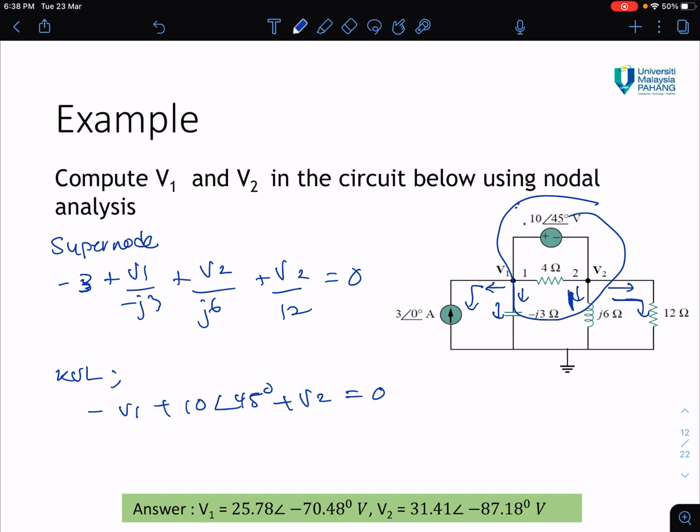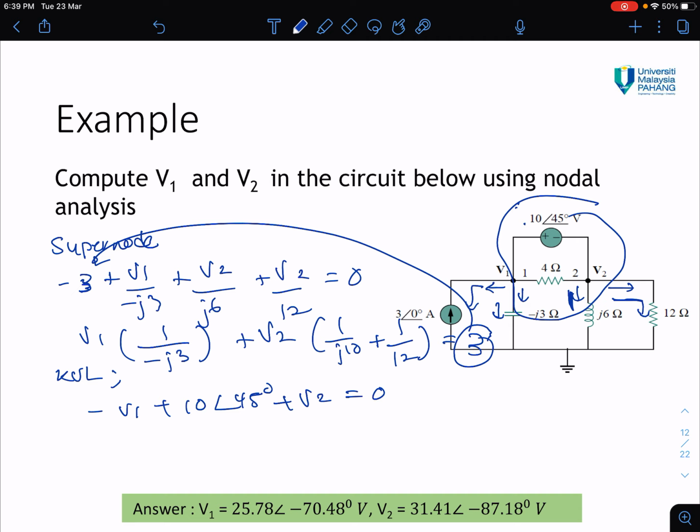I basically group one part for V1 and V2 because we are going to use Cramer's rule. So the supernode equation becomes V1 times 1 divided by minus j3, plus V2 times 1 divided by j6, plus 1 divided by 12, equals 3. This 3 comes from here.